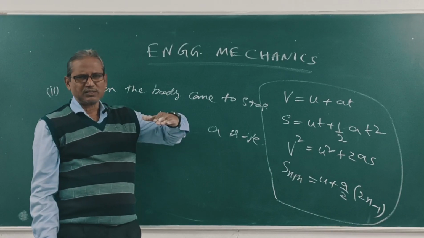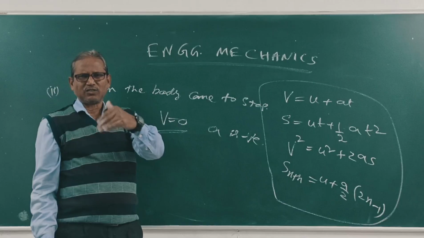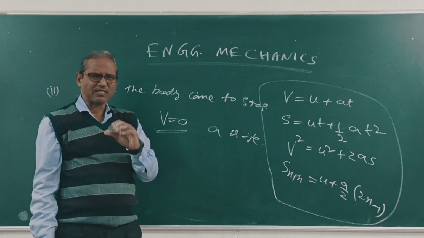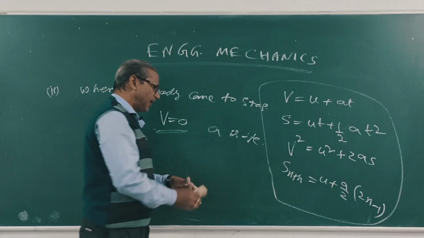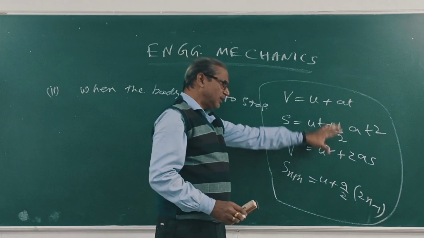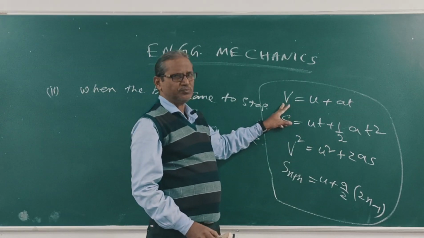So the velocity gradually decreases, so the acceleration also becomes negative. That is deceleration or retardation. In this case, a is negative, and we put a negative in all the equations. Clear?